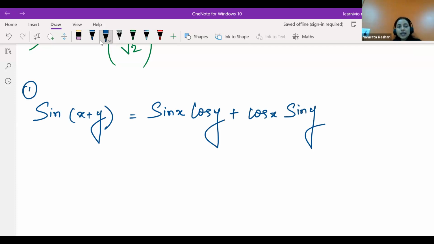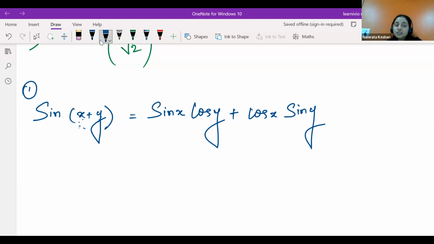Whenever the angle is written along with the sign, it is written like this: 60 plus 30, 45 plus 90, pi by 3 plus pi by 6. Then we can expand it, write each and every value, and do the calculation.